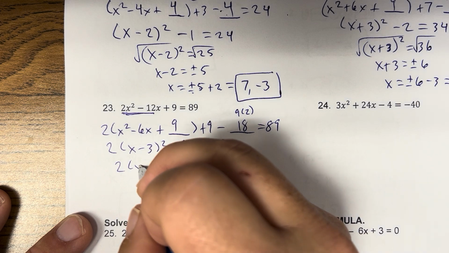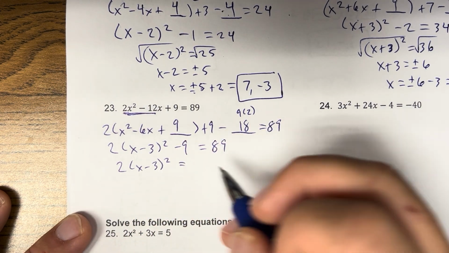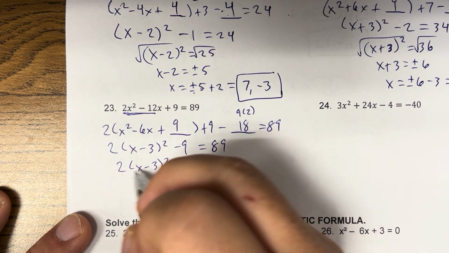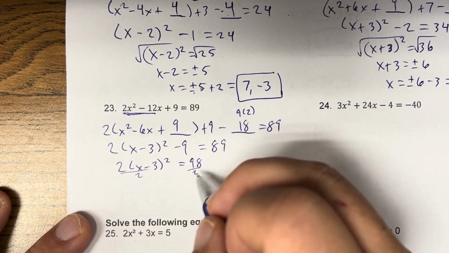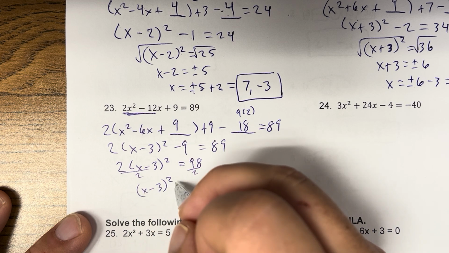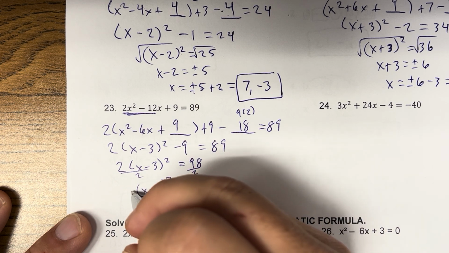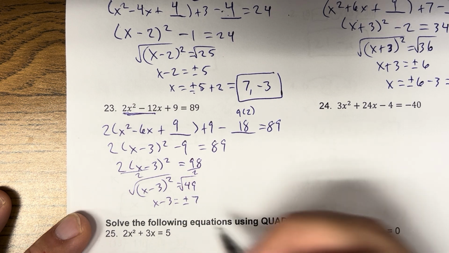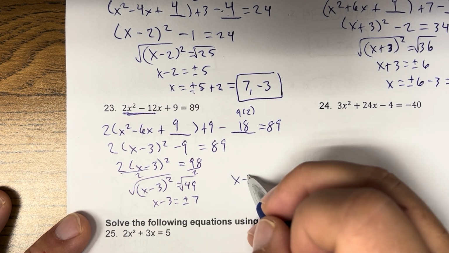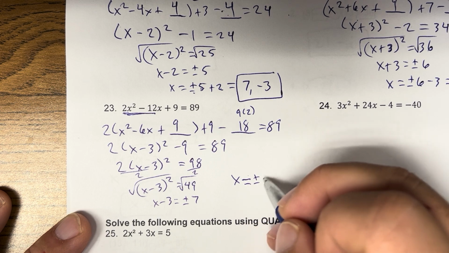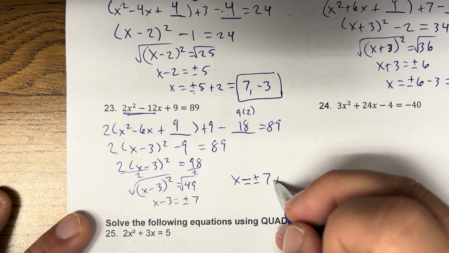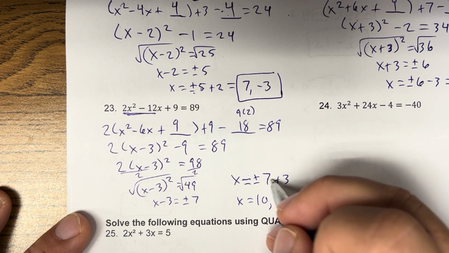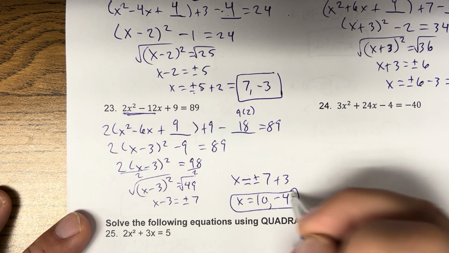So I have 2x minus 3 squared is equal to, we'll add the 9 over to get 98, and then we'll divide by 2 to get 49, and then we'll take the square root to get plus or minus 7, and then I'll come over here, x equals plus or minus 7, and then we'll add the 3 over. And so x equals 7 plus 3 is 10, negative 7 plus 3 is negative 4.